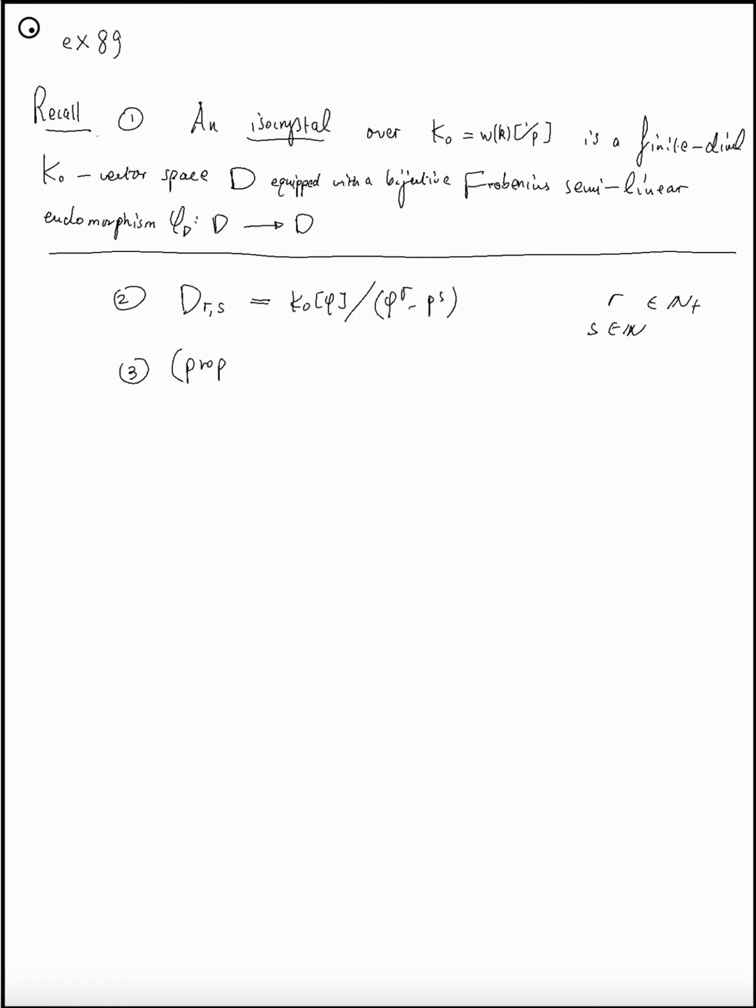Let's use this proposition to summarize. Let D be an isocrystal over K0.